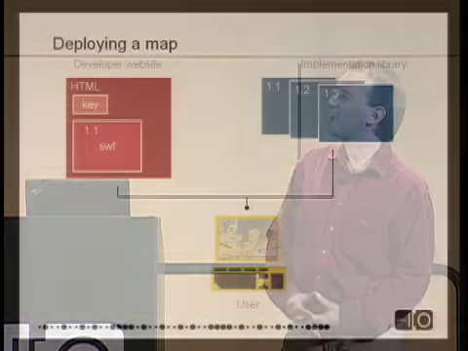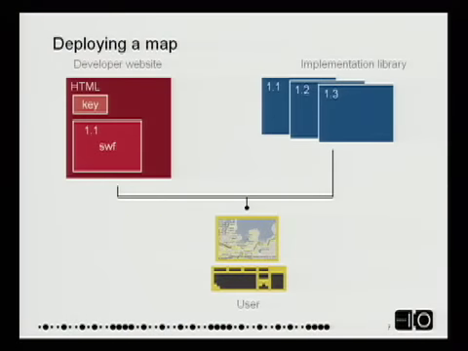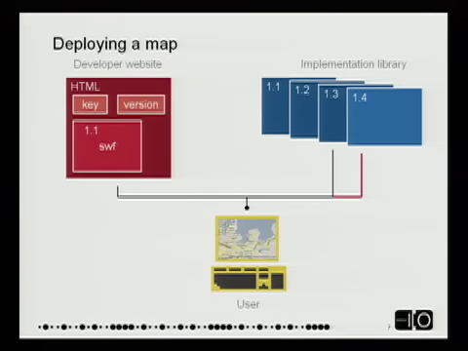By default, you're going to get what we regard as the latest version, which is basically that black line on the right coming down from version 1.3 here. But you do have the option, in addition maybe to placing the key inside the HTML, when version 1.4 comes out, you can place a parameter version inside the HTML, and that you can use to specify that you want to get version 1.4.